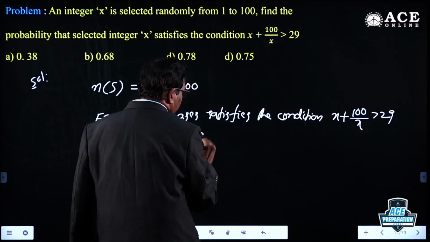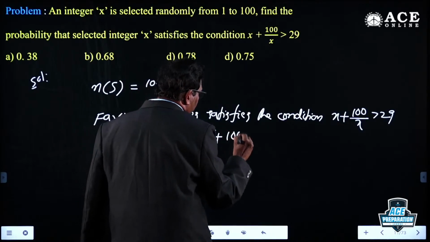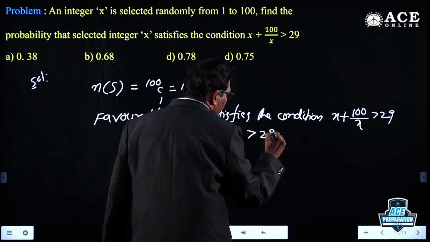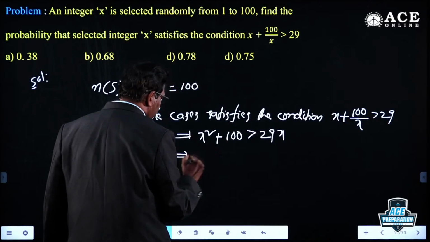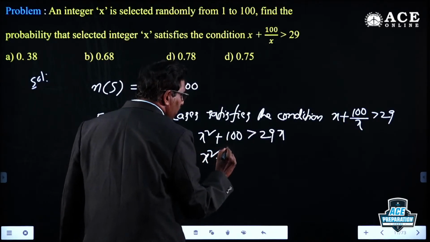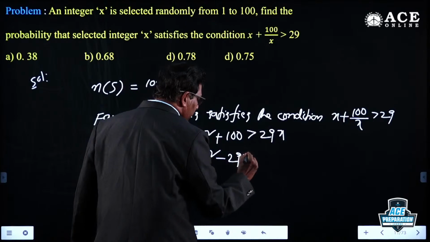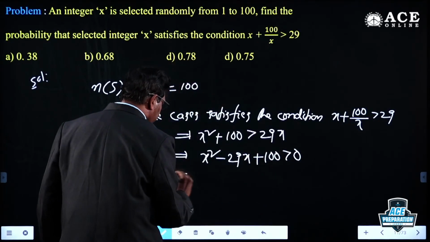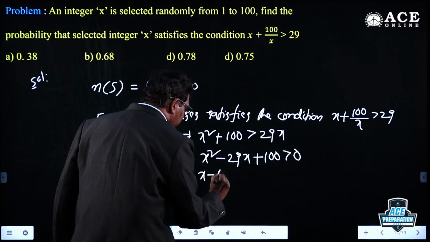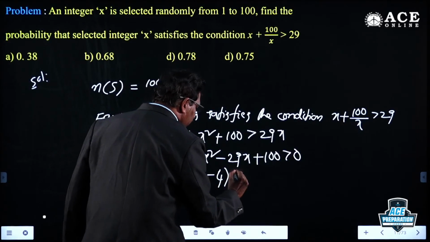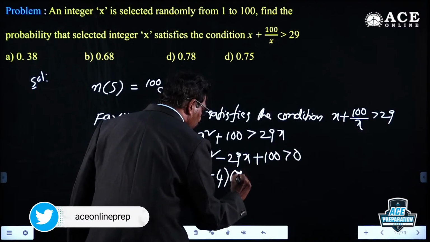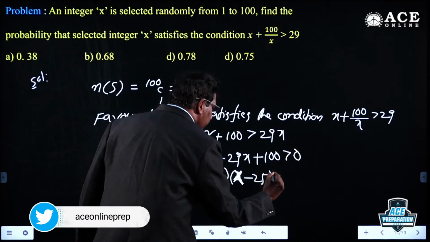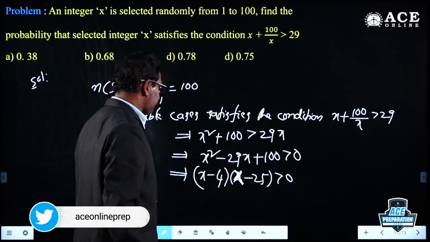That means x square plus 100 is greater than 29x, which implies x square minus 29x plus 100 is greater than 0. That implies (x minus 4) into (x minus 25) is greater than 0.